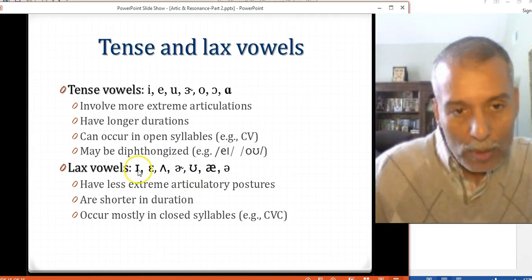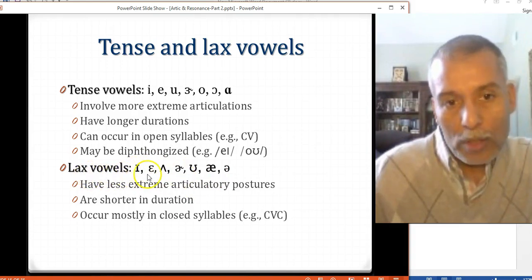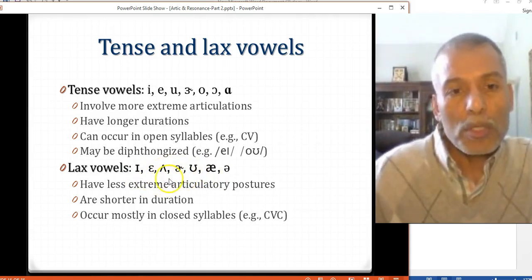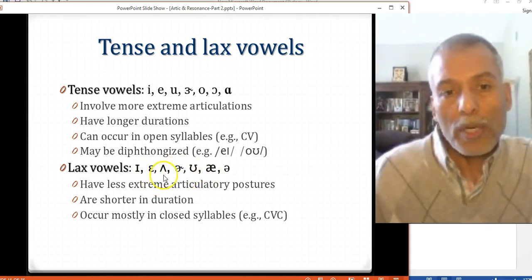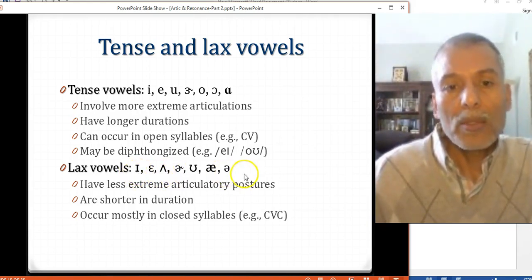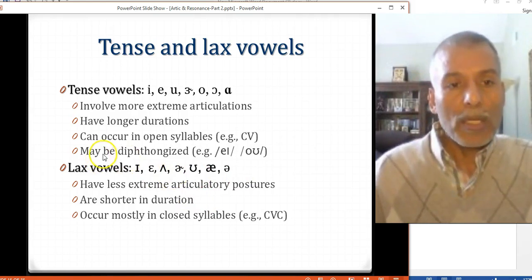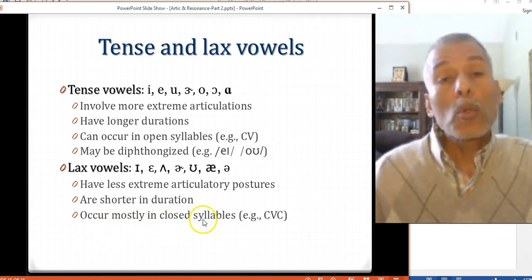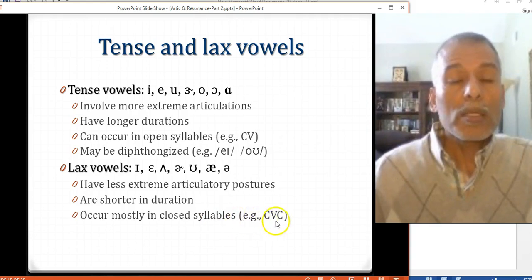But these sounds, the lax vowels, typically do not come at the end, except for some exceptions, of course, that you don't have to worry about in this class, for the schwa and for the e. But generally, these lax vowels mostly occur in closed syllables, and there are some exceptions.